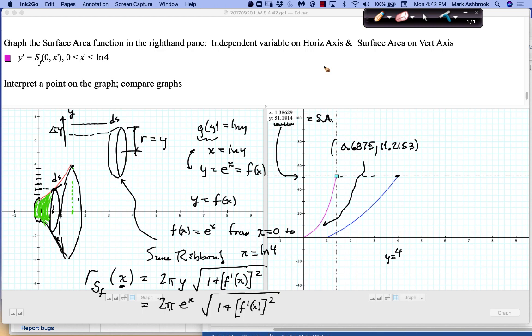So both give you the same surface area. So S sub f of 0, ln of 4 equals S sub g of 1, 4 equals the 51.1814.